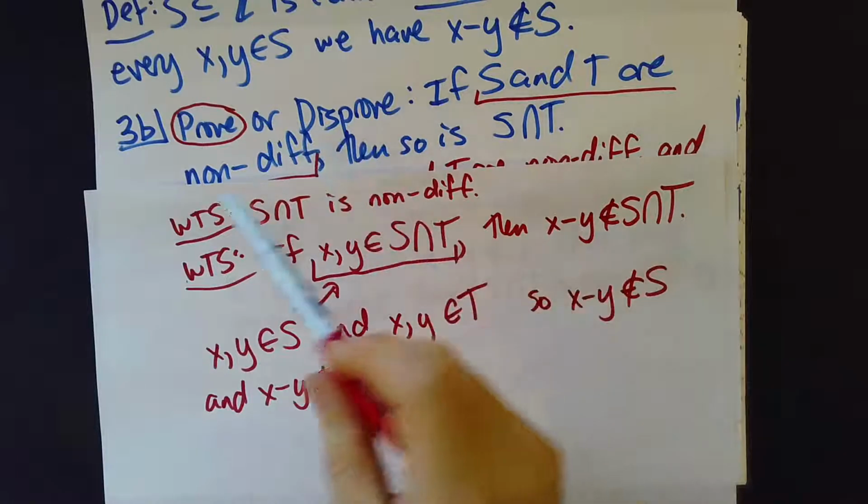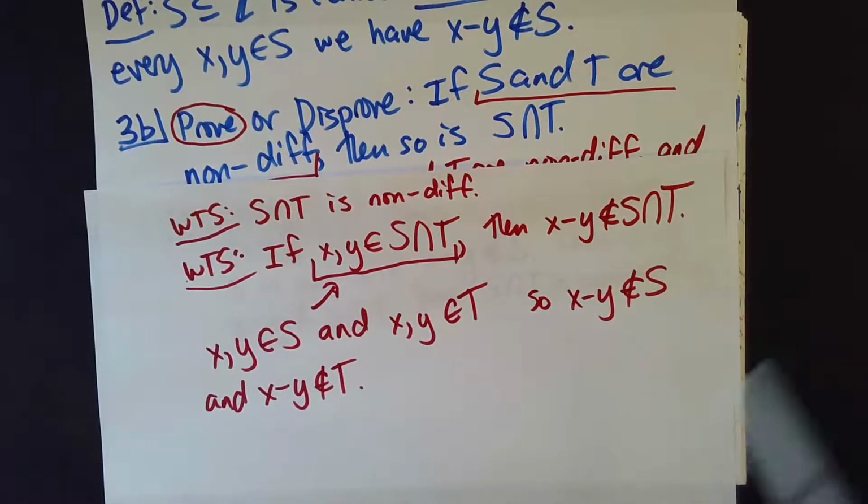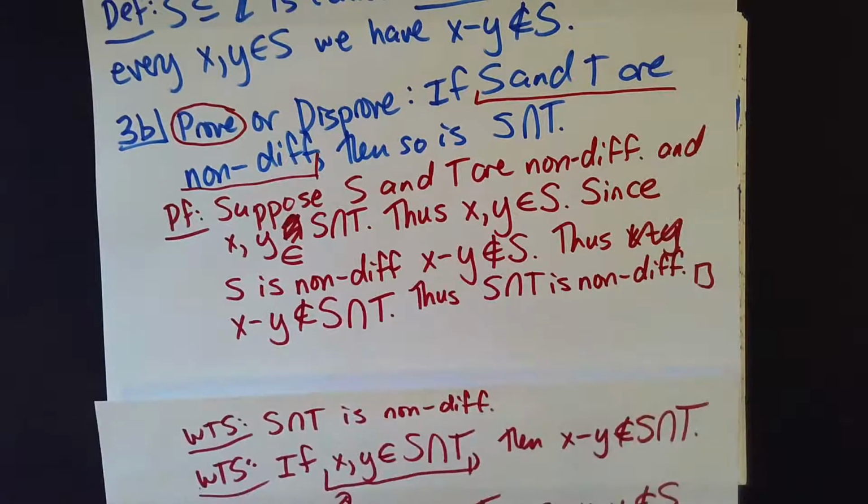So probably when you write scratch work, you write a whole lot more until you then go and carefully write up your proof and get something like this, where you realize, if you look at this closely, that you were actually given more information than you needed. You did not need to know that T was non-differential in order for this result to be true. Does that give you a sense of how to approach this kind of question?